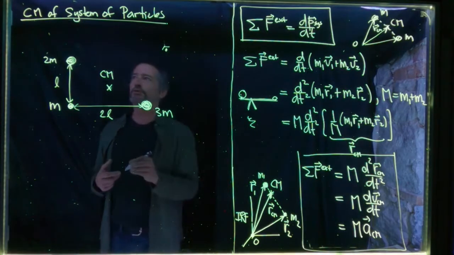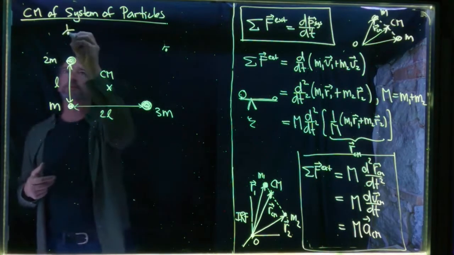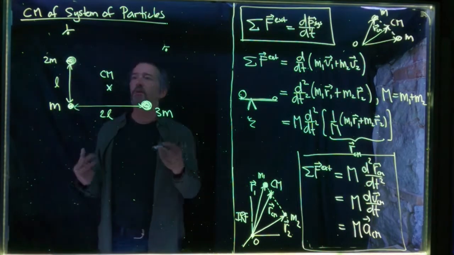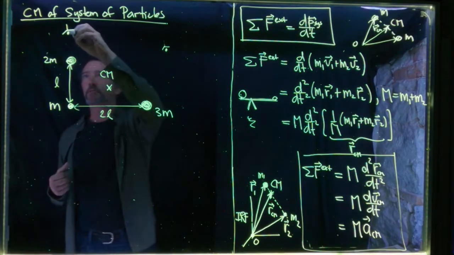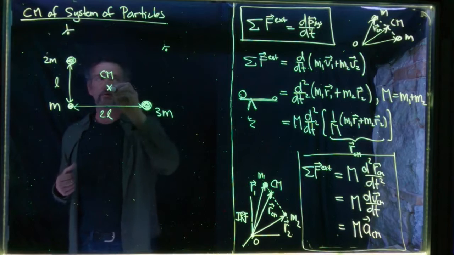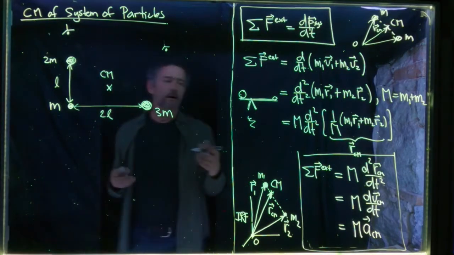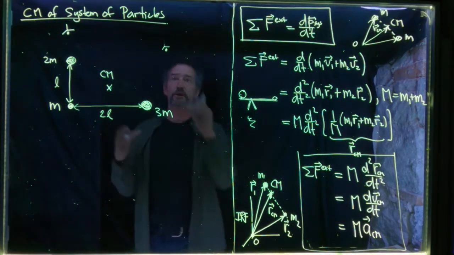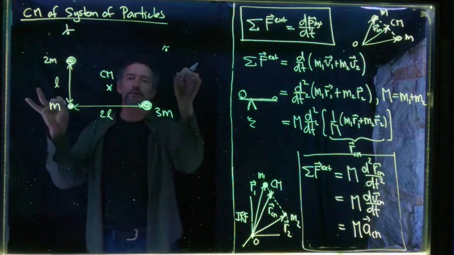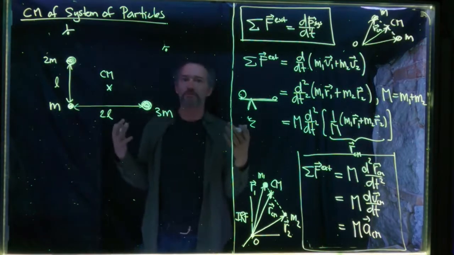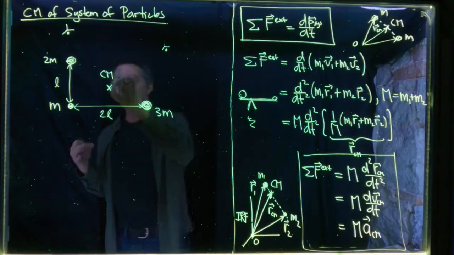If we were to choose the origin to be over here, then RCM would be the vector pointing from this point to the center of mass point. The point is that the vector RCM, of course, depends upon the choice of the origin of the coordinate system, because by definition it points from the origin to the center of mass point.